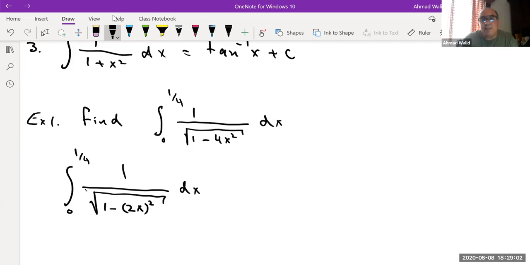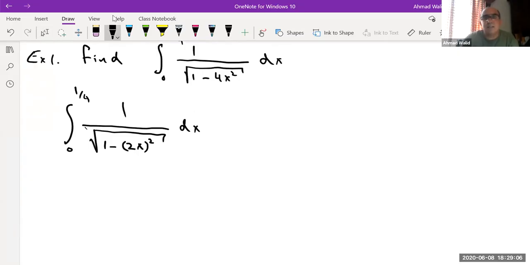If I can do that, I have to use the u-substitution method, correct? Because it's not only x, it's a function, correct? Then my u is equal to 2x, right? Your u is 2x, you have u squared. Then du equals 2 dx.